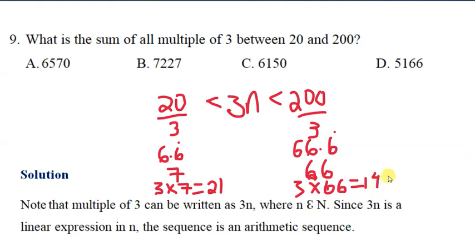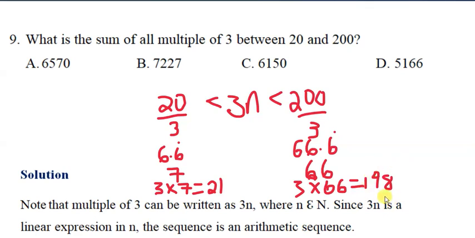That is going to be the last term of the sequence. This is a multiple of 3 which is less than 200, and therefore we can consider it as the last term. That is the whole point.